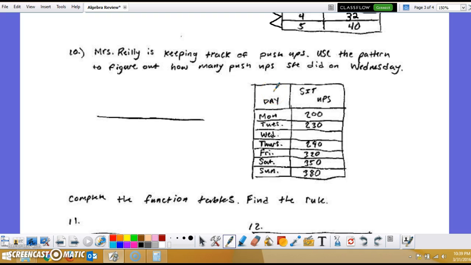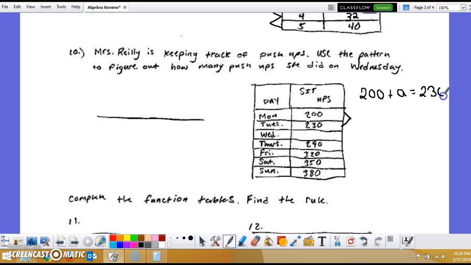In a similar fashion, in problem number 10, Mrs. Riley keeping track of her push-ups, we need to find the pattern to figure out exactly how many push-ups she did on Wednesday. Well, in this case, it's a number pattern problem. So take your caret and connect it to the next step and use algebra to determine what the rule is. If I'm increasing and it's not multiplication, it has to be addition. 200 plus some variable, let's call it A, equals 230.